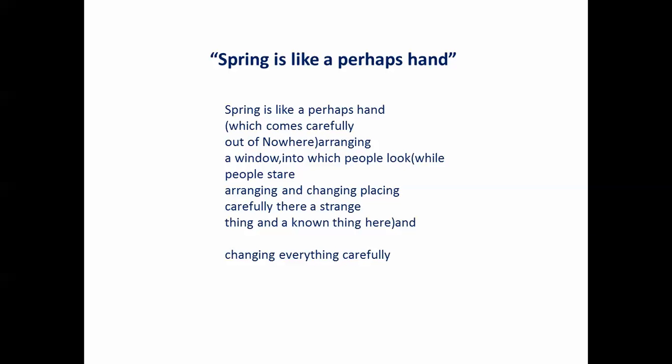Normally, we would put the perhaps at the beginning of the line or at the end. Perhaps spring is like a hand, or spring is like a hand, perhaps. We wouldn't find such wording difficult at all. So why doesn't Cummings just say that?